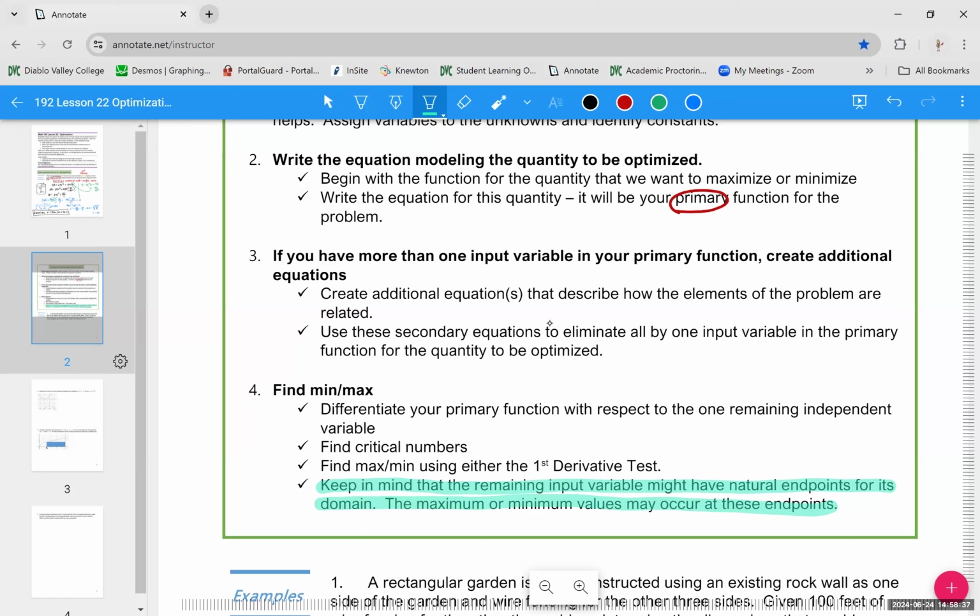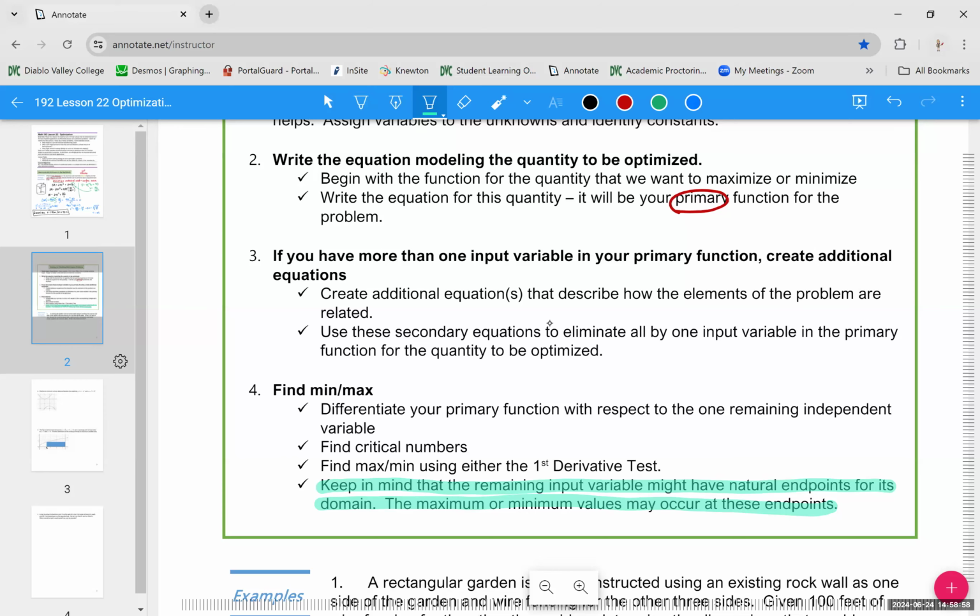You may have an optimization problem where there are actually endpoints that you need to test. So as you go through these problems, you always want to ask yourself, what are my endpoint values for the input variable? And are these actually viable options?